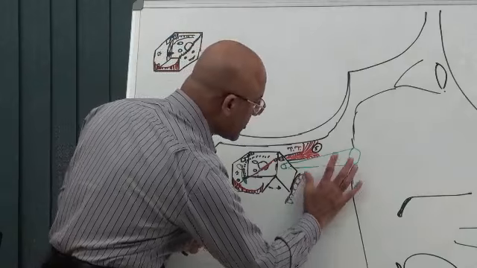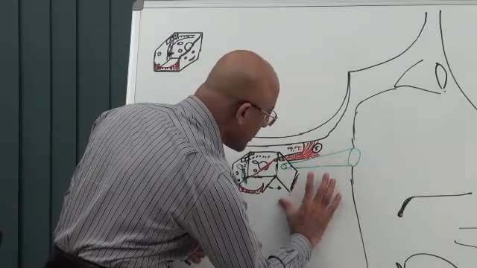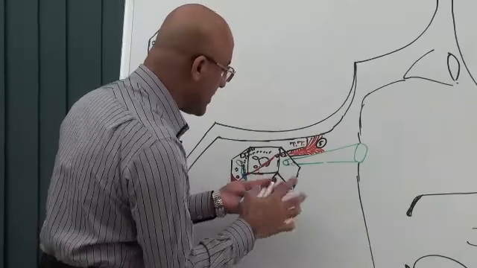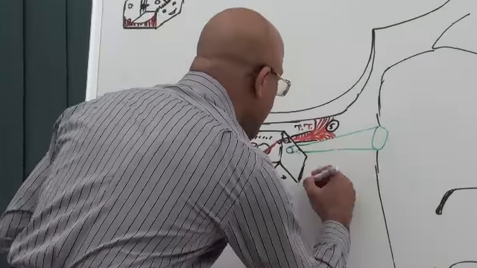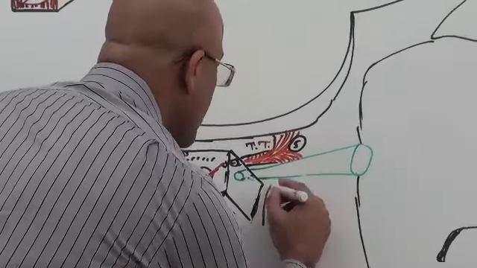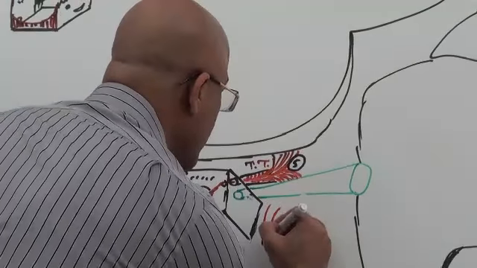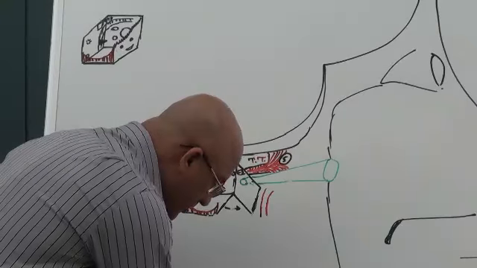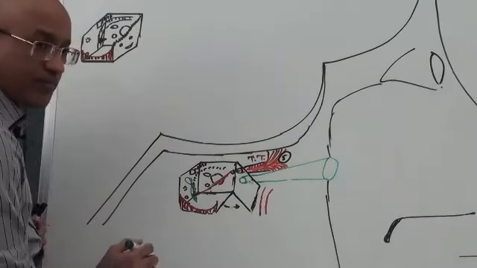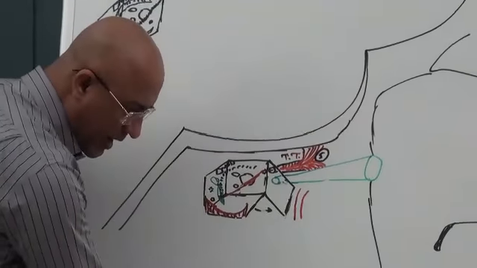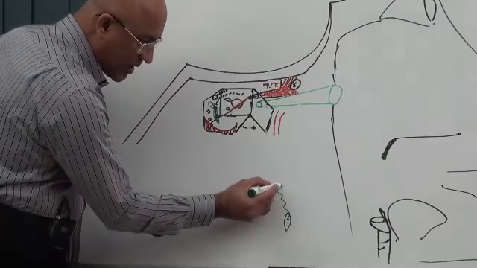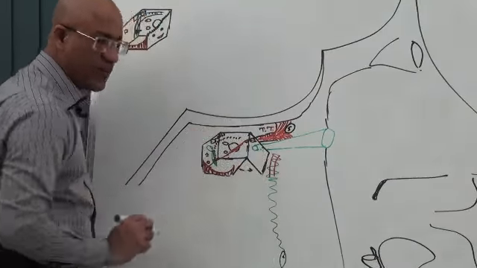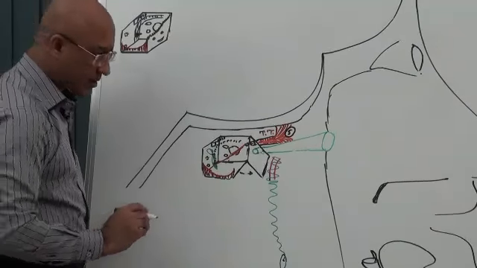Anyway, let me draw this more clearly. Just in front of the anterior wall there is the carotid canal, and through the carotid canal there is the internal carotid artery, which is ascending upward. From the superior cervical ganglion, postganglionic sympathetic fibers go around this internal carotid artery.